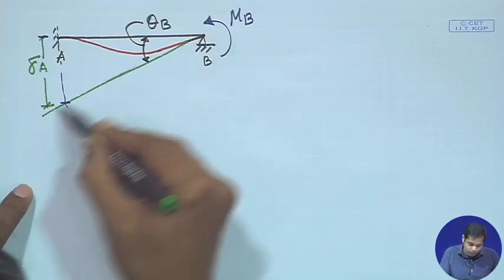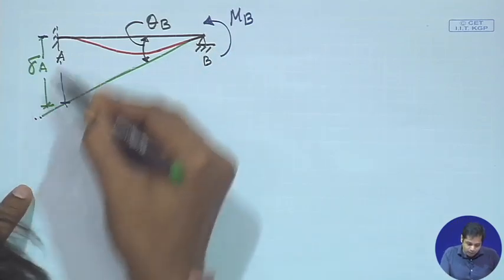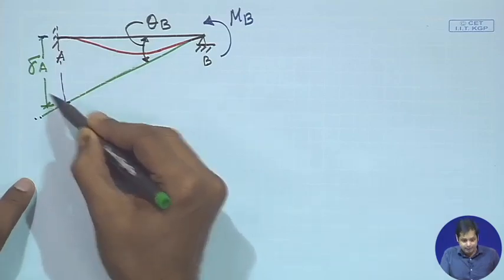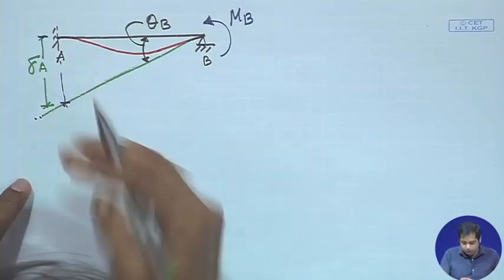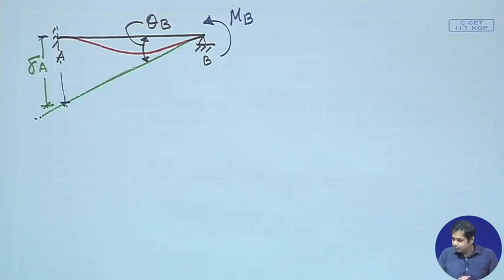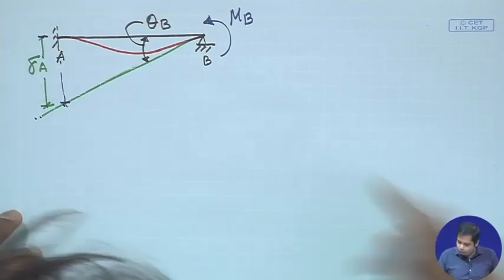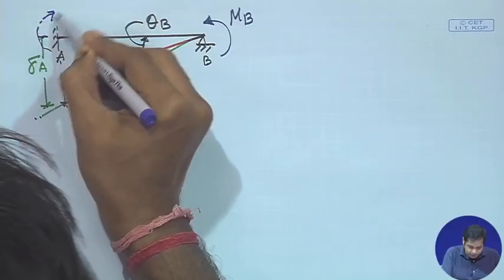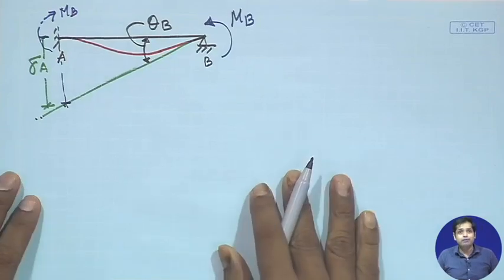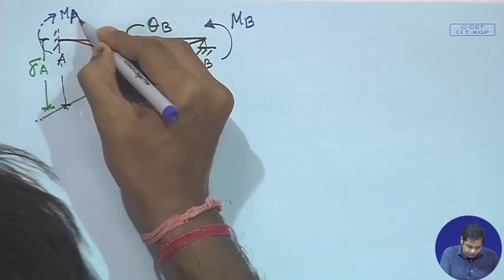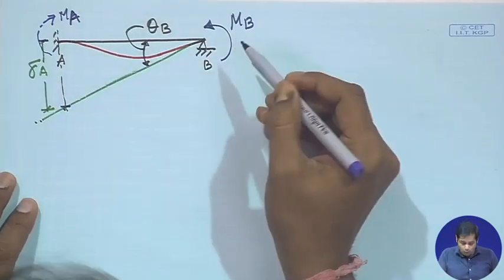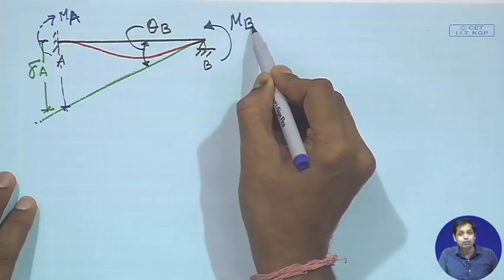At B you draw a slope, and on this slope the deviation of A is delta A. Next, suppose we do not know these values, the corresponding moment here is MA. We need to find out how this theta B is related to MB and MA.